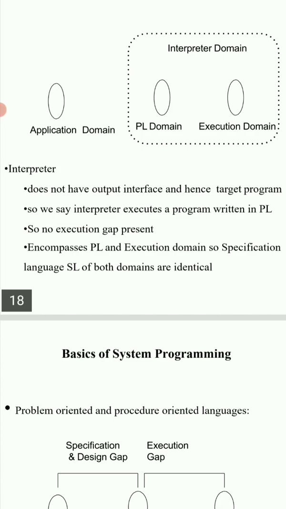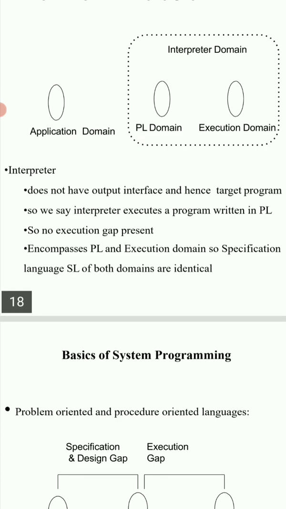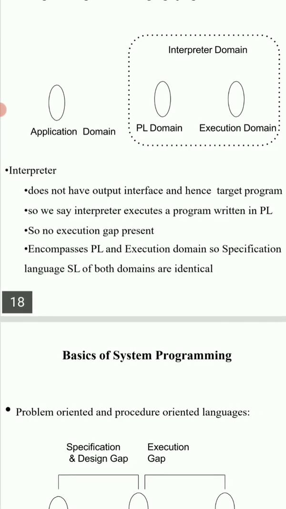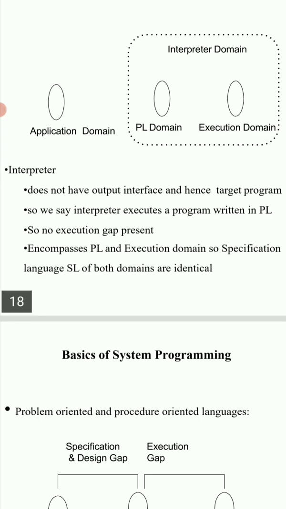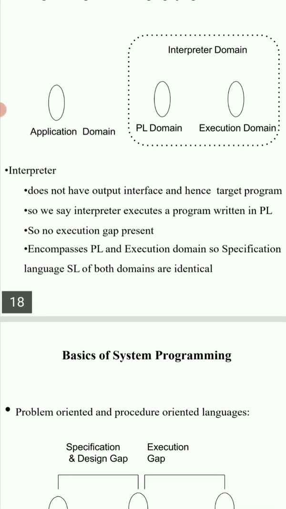And the disadvantage is that every line has to be translated every time it is executed. Because of this, interpreters tend to be slow क्योंकि यहाँ single line at a time हमें execute करना है.